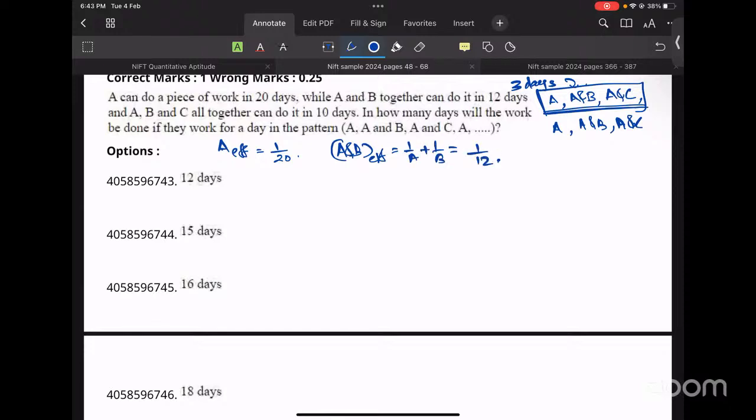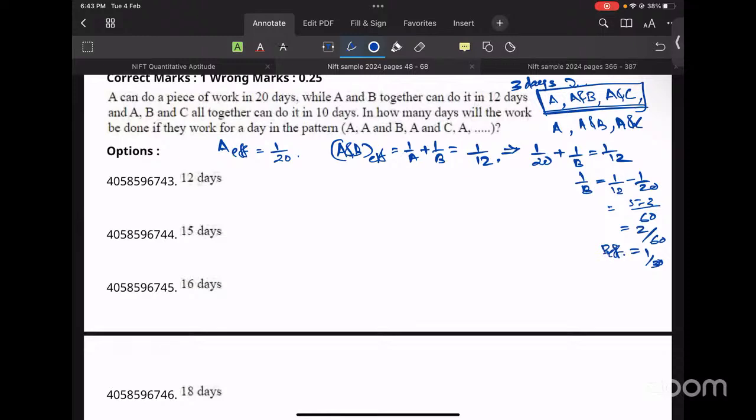So from here you can find the 1 by B: 1 by 20 plus 1 by B equals 1 by 12. So 1 by B can be written like 1 by 12 minus 1 by 20. You can take an LCM of 60, 5 minus 3, 2 by 60, 1 by 30. So this is the efficiency of B.